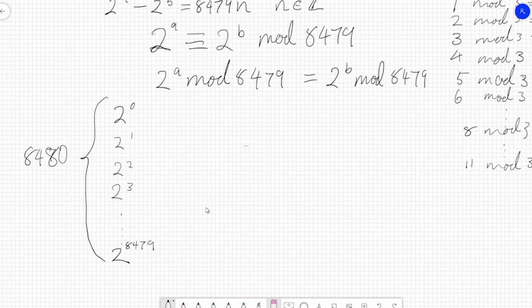So that guarantees it ticks over. So there has to be 2 numbers, 2 to the power of a and 2 to the power of b, where they have the same remainder.